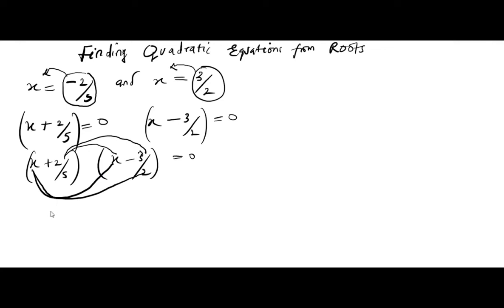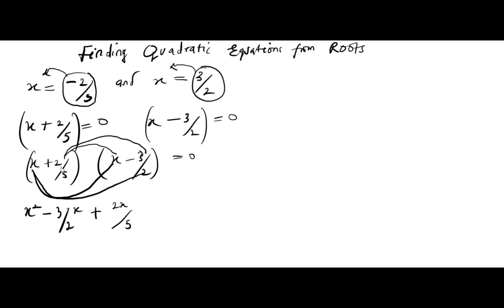So let's start without wasting time. x times x, we have x squared. x times negative 3 over 2, we have negative 3 over 2 x. Then positive 2 over 5 times x, we have plus 2x all over 5.